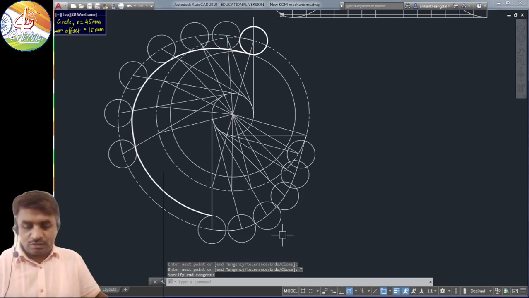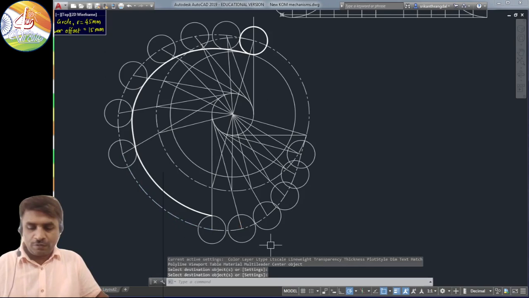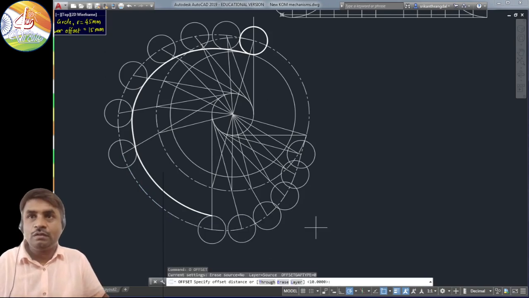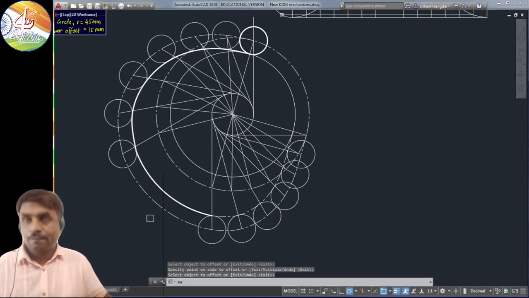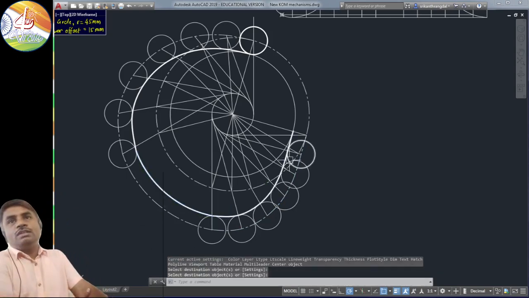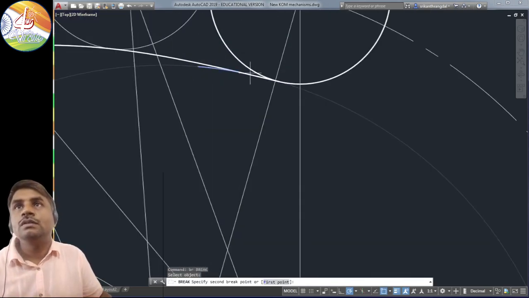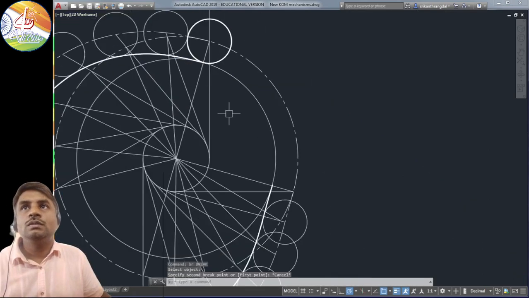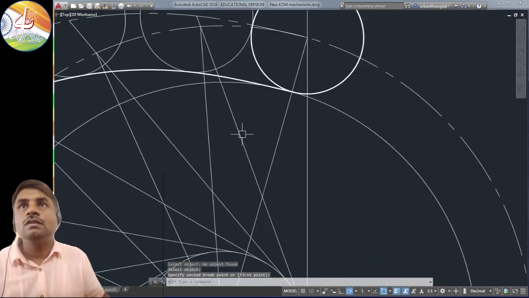And then because this is a trace curve, I just need to take an offset of 10 to get the cam profile. So when you're doing it manually, you just need to try it very carefully. So the remaining part, let me make it drop over here.